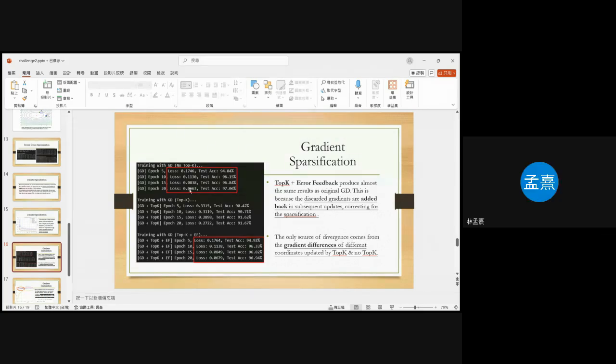That's why they have such similar loss and accuracy. The only source of divergence comes from the gradient difference of different coordinates updated by top K and no top K.